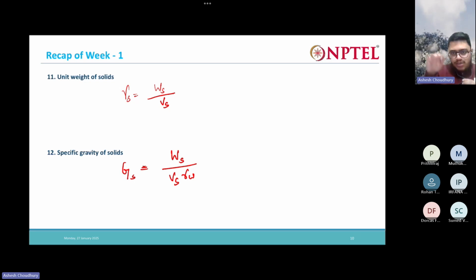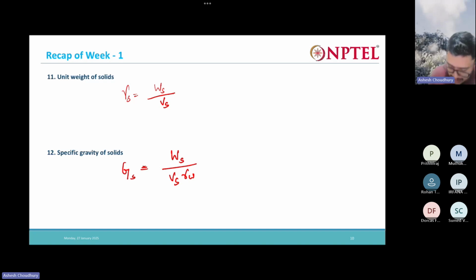So weight of solids divided by the weight of equal volume of water, this gives us the specific gravity. Okay, so Ws is the weight of solids, and Vs is nothing but the volume of solids, times gamma W is going to be the weight of that volume of water. That is nothing but the specific gravity of solids.